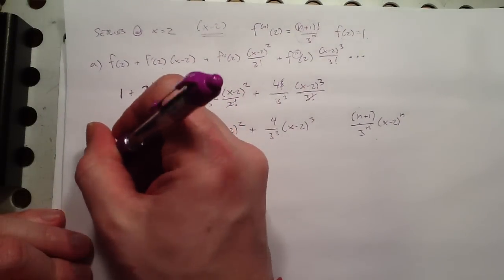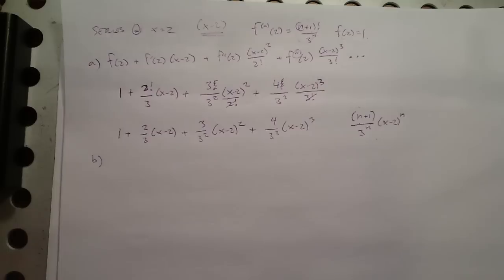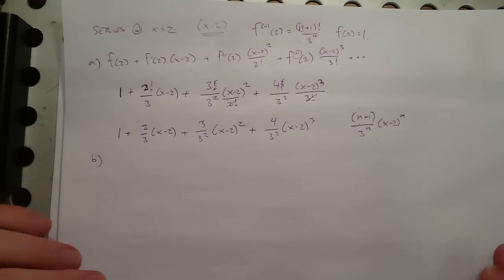Part B, they want the radius of convergence. The radius of convergence, right? Not the interval, but the radius of convergence for this series.